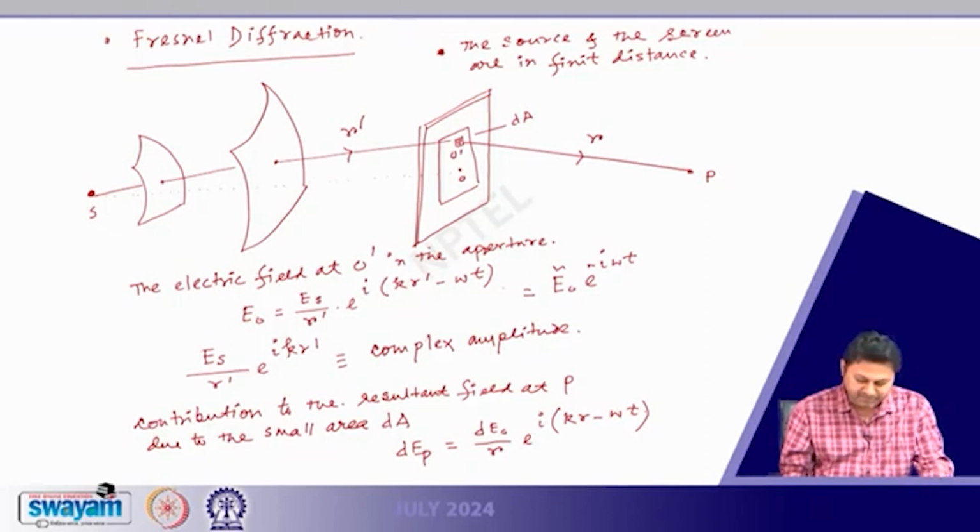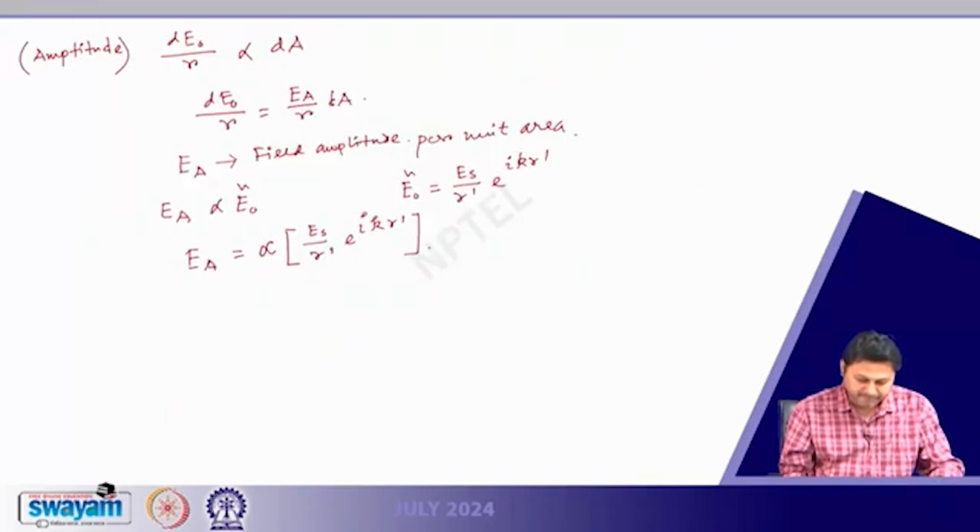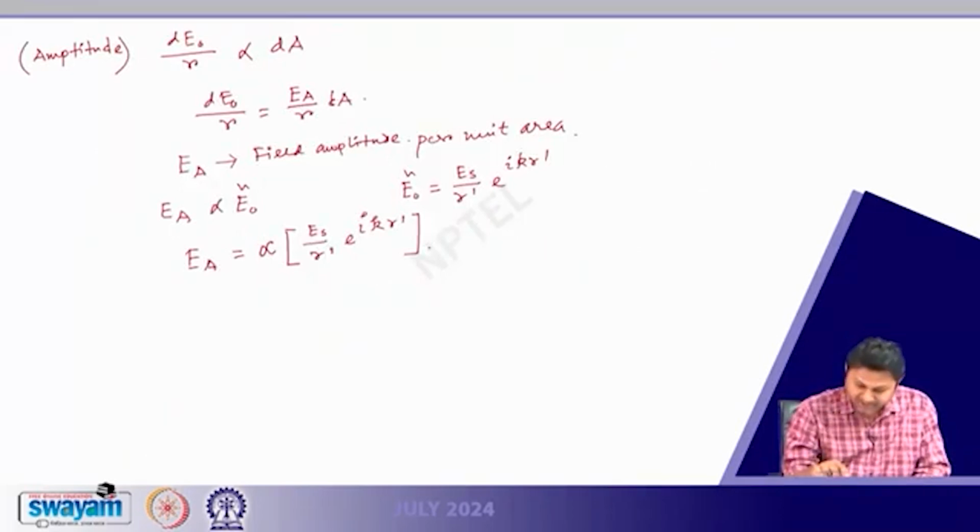So, if E_A is known, then from this expression, dE_P is E0 by R. So let me see what notation we use here, and here we use the small area, and here E0 by A I write E_A, and E_A is this quantity.